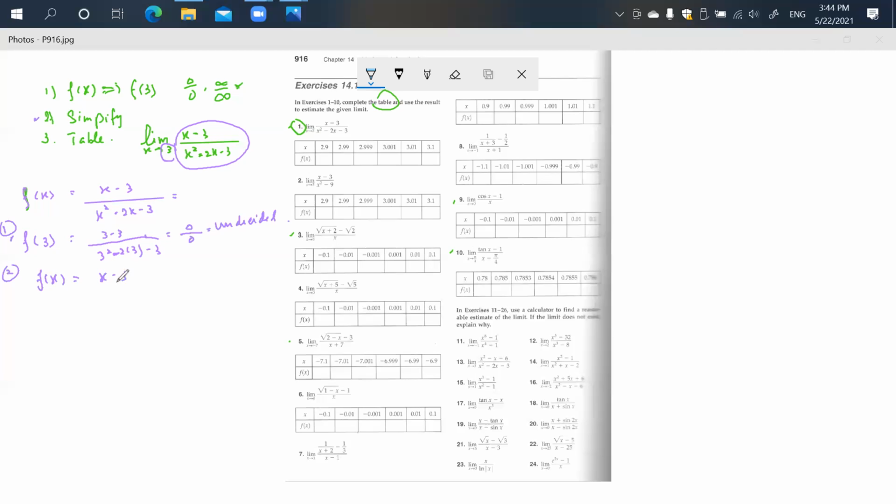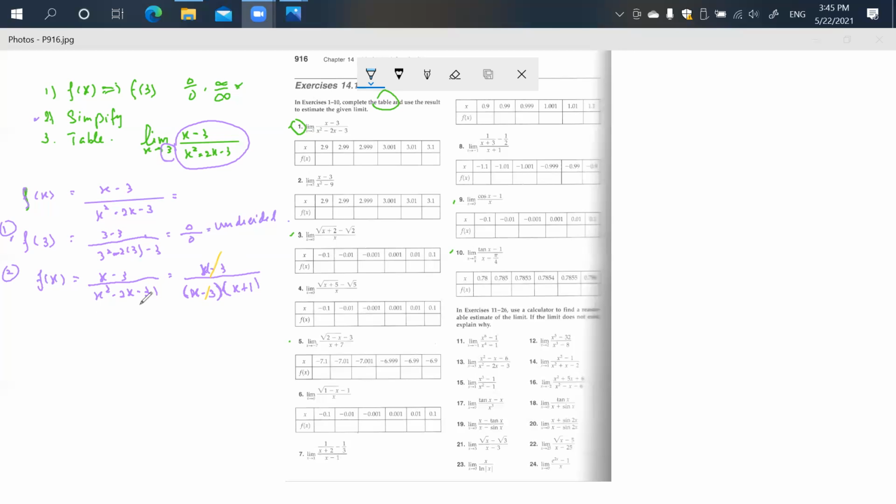I think we can. Factor it: x squared minus 2x minus 3 becomes x minus 3 times x plus 1. Then the top and the bottom, we can cancel the x minus 3. When we simplify, what do we have left?